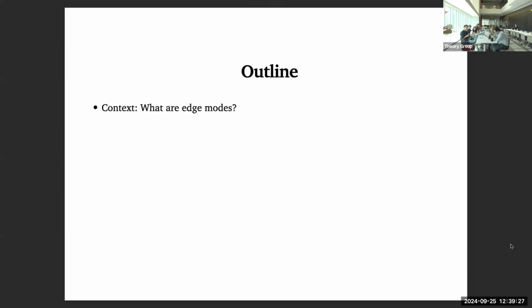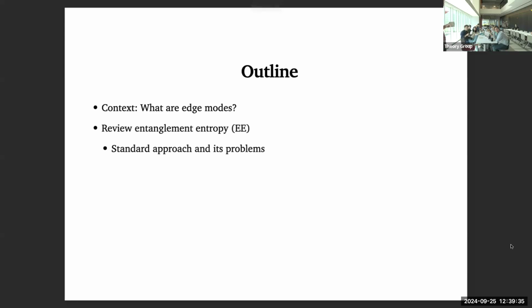Okay, so what are they? These edge modes. I'll say a little bit about that, and then a little bit about entanglement and standard path integral approaches to it and problems with that approach.